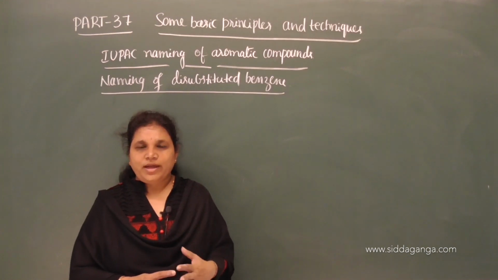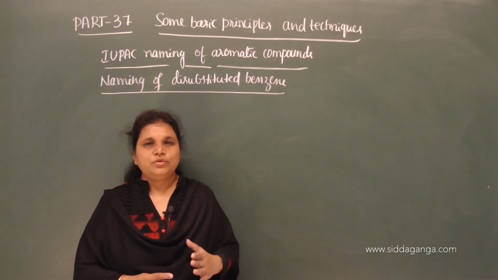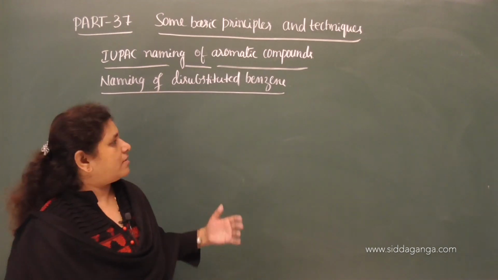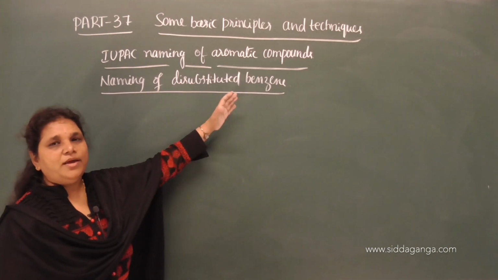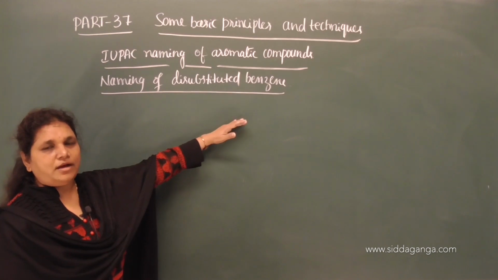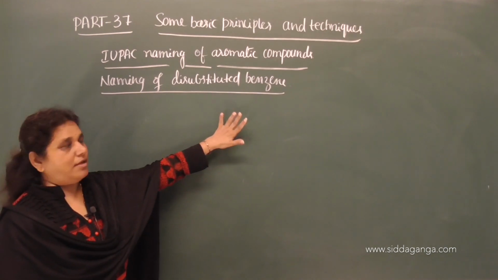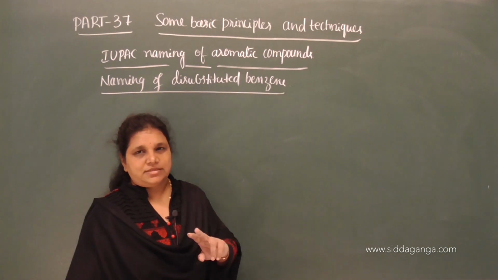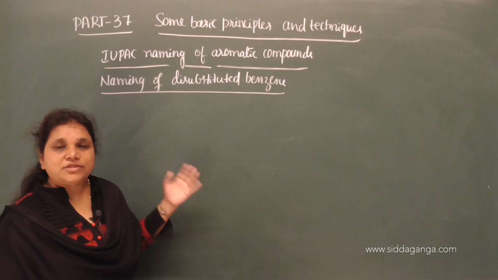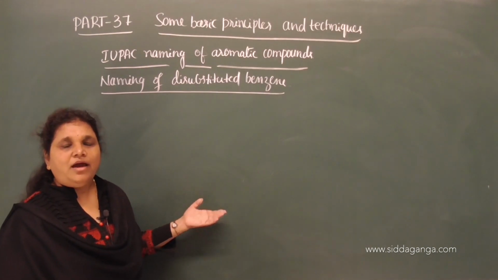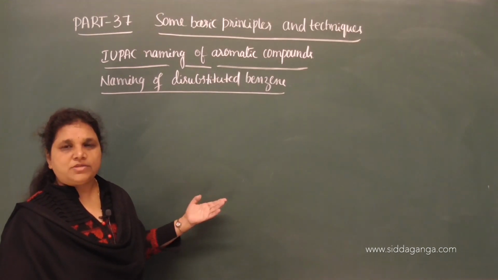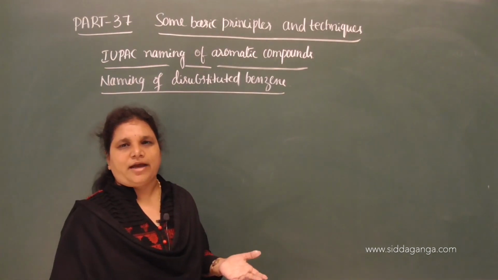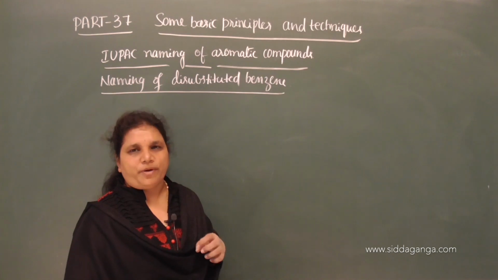2 monovalent atoms or 2 groups of atoms, then the resulting compound is called disubstituted benzene. After the replacement of 2 hydrogen atoms present in a benzene, that hydrogen may be replaced by another monovalent atom, because hydrogen is monovalent, or by a group of atoms.